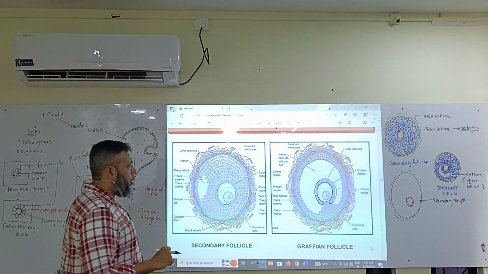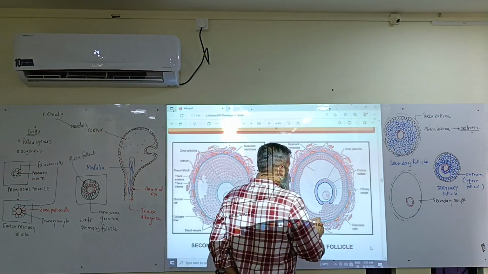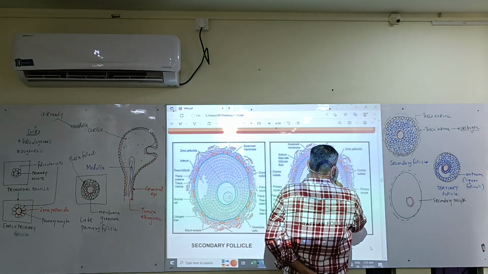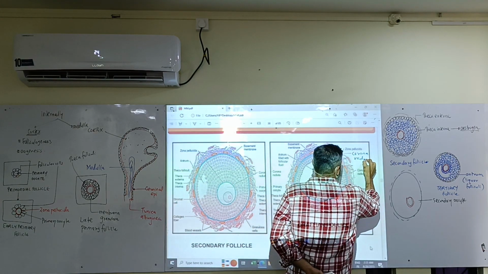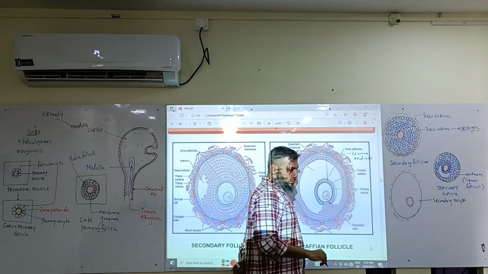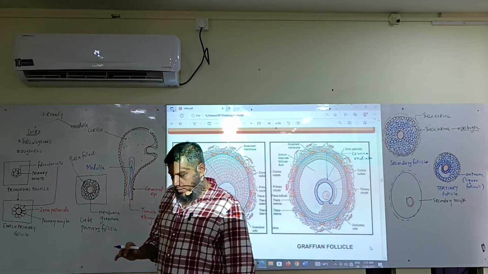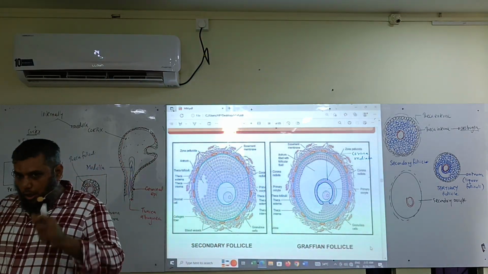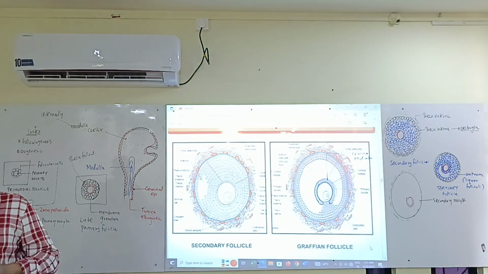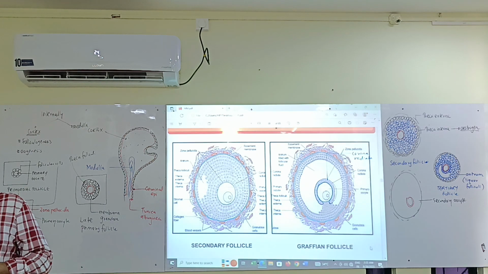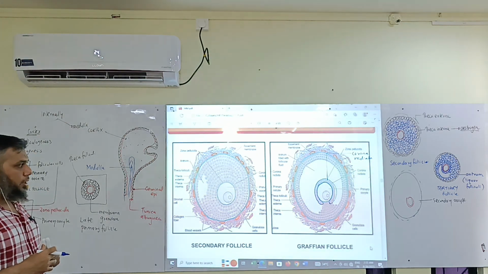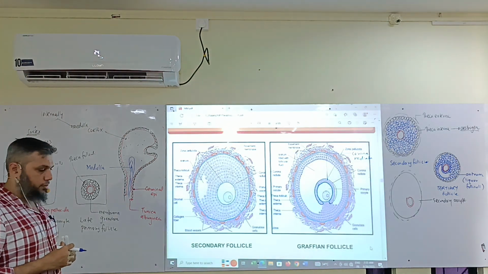And in the future we'll call them as the corona radiata cells. क्या बोलो उसको? Corona radiata cells. Corona means a crown. Crown. So the secondary oocyte is wearing a crown of corona radiata cells.